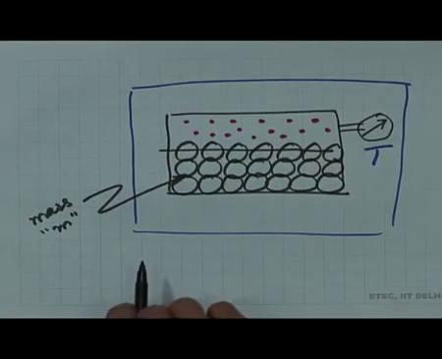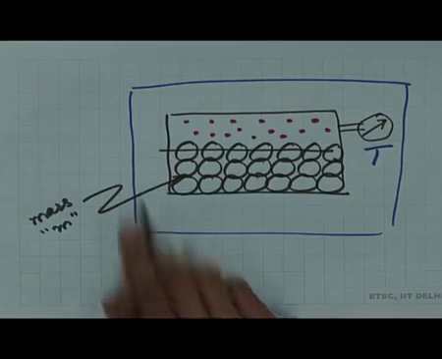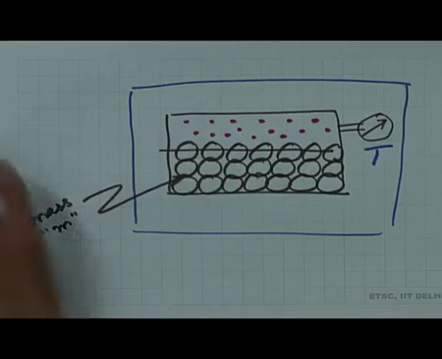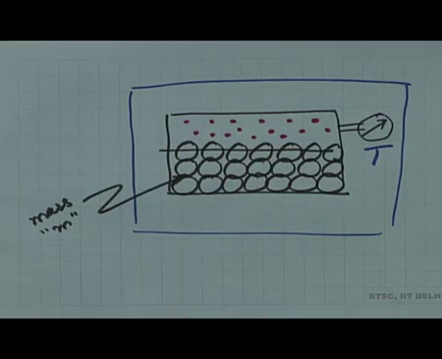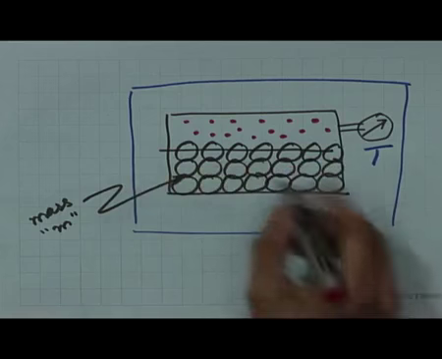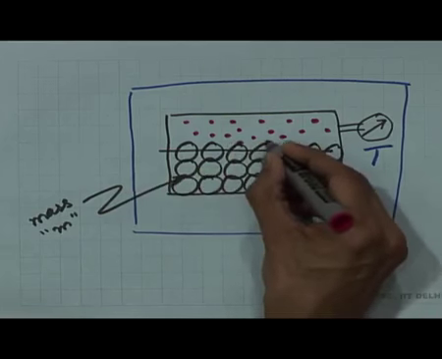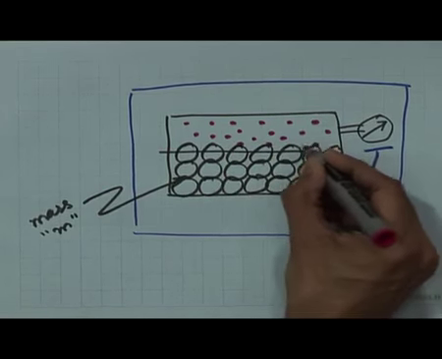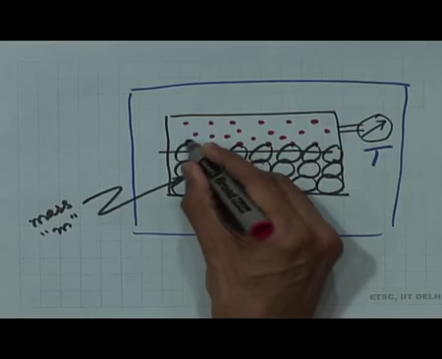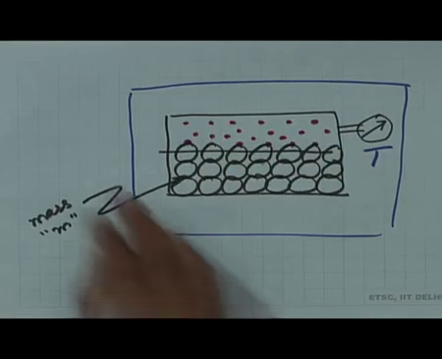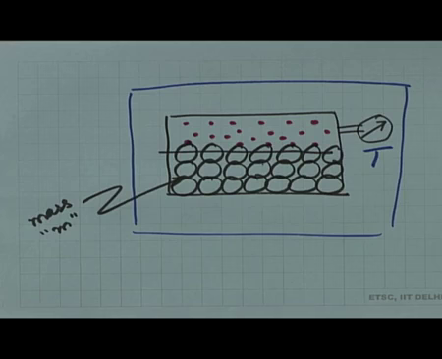And what we have already said from preliminary discussion is that when you have molecules of the gas on top of a surface like this, some amount of the molecules from the gas phase will get adsorbed on the solid surface.